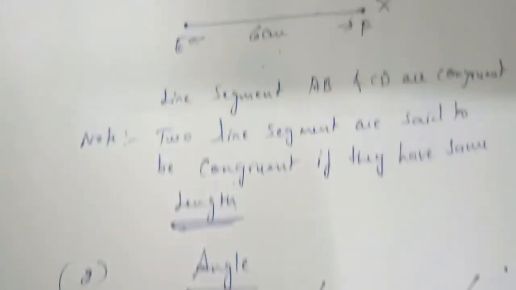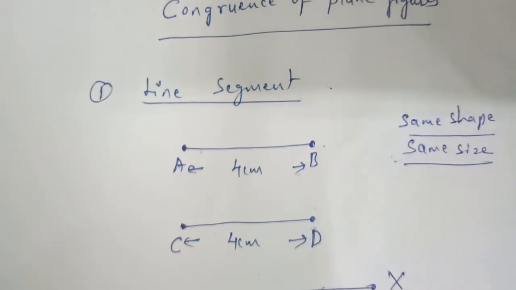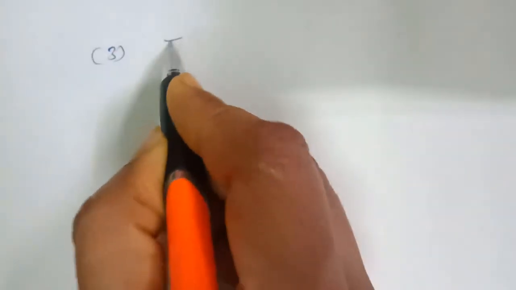Now the next plane figure is the triangle. For the triangle, let us start. But triangle has a lot of explanation, so we are going to take it in the next topic. Number three, triangle.